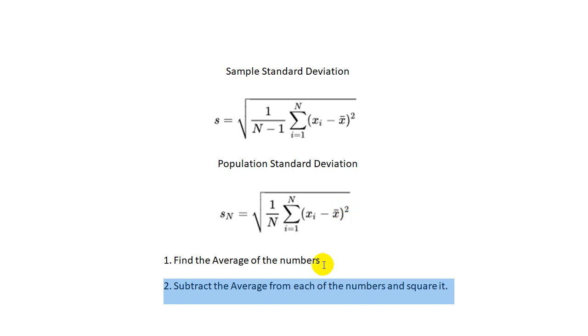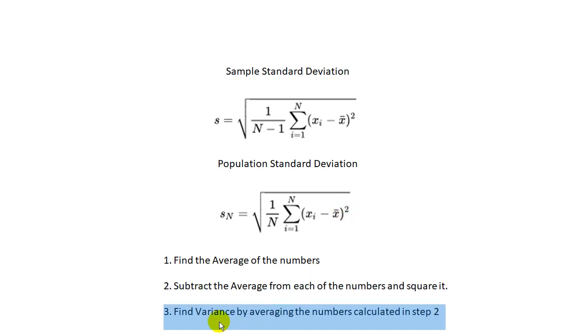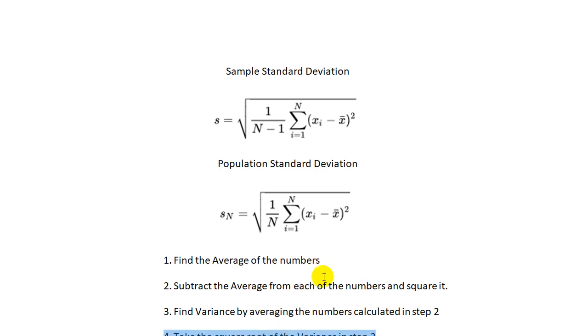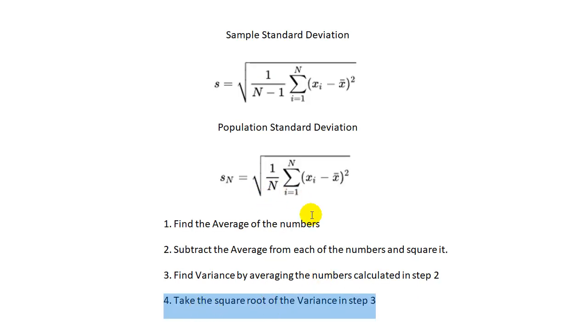Because we have the exponent there. The third part is we find the variance, which is just the average of all the numbers that we calculated in the second step. And then we take the square root of that final result that we found in step 3.